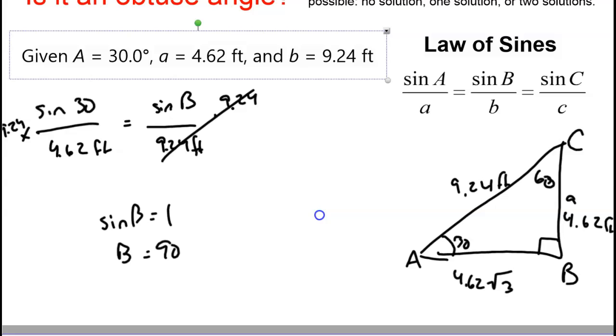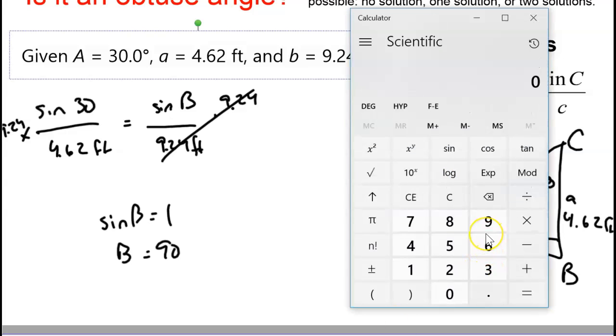And so 4.62 times the square root of 3. Just a second, I think I need to.